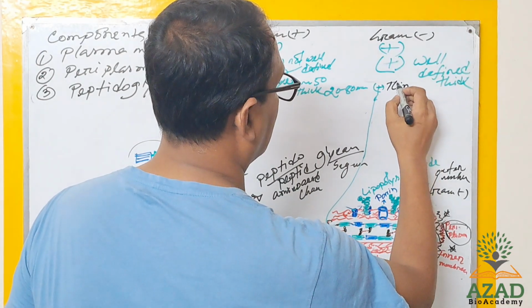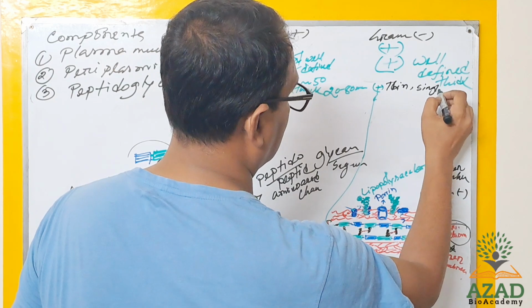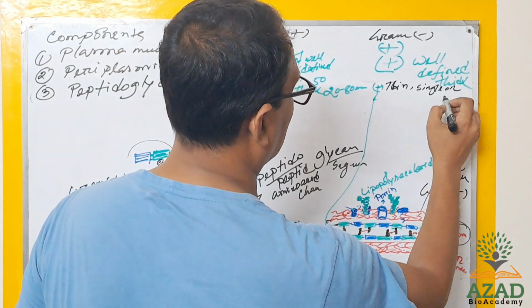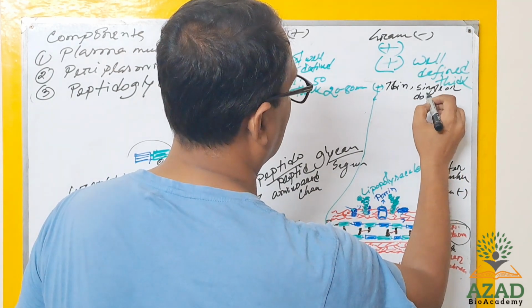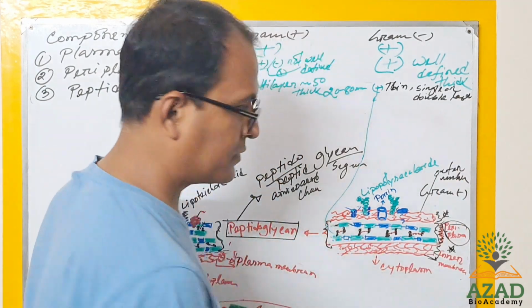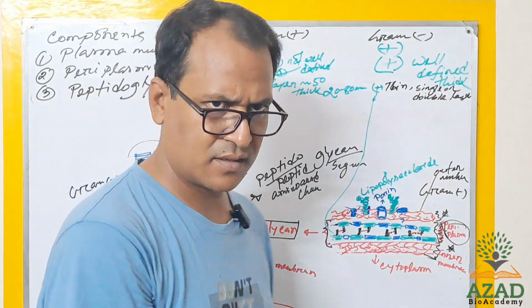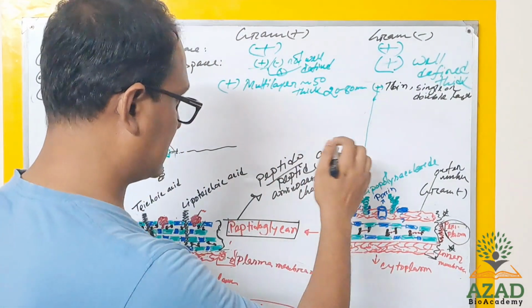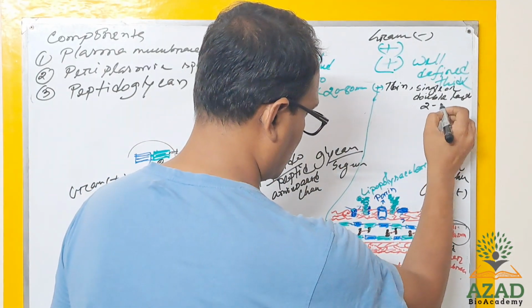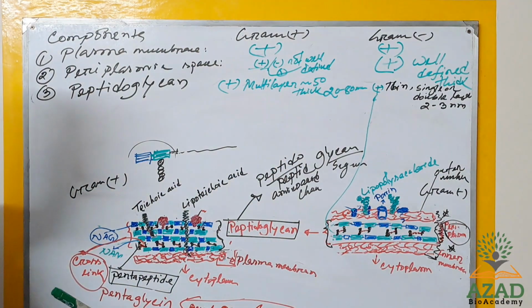That means in gram-negative bacteria, the peptidoglycan is present only here, but the layer is very thin, as it is a single or double layer. So of course it would be thin, and the layer thickness is only 2 to 3 nanometers.